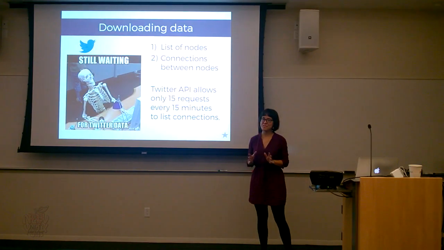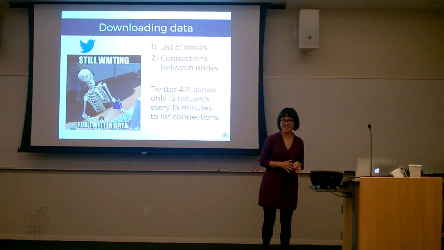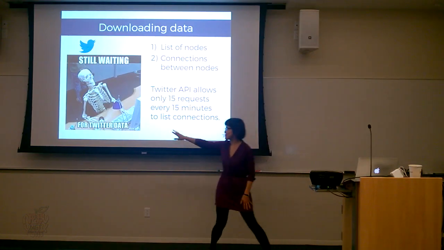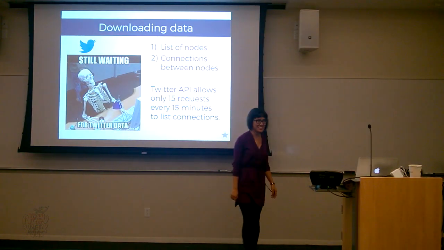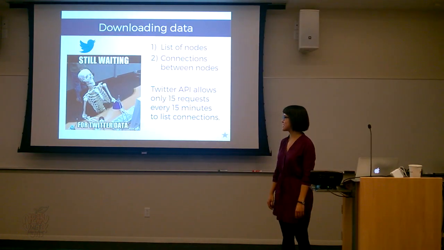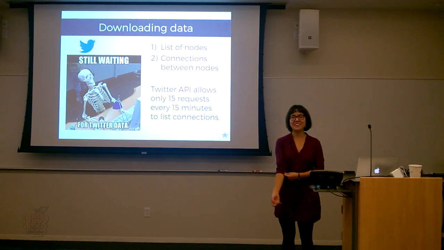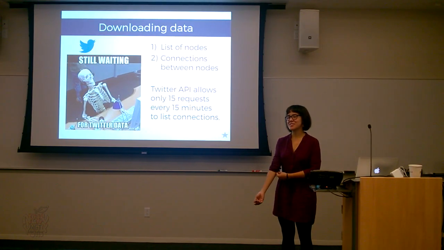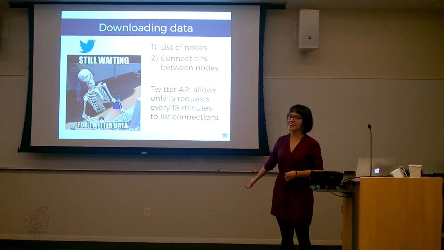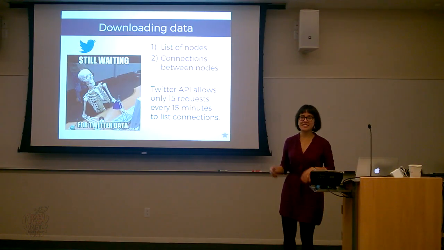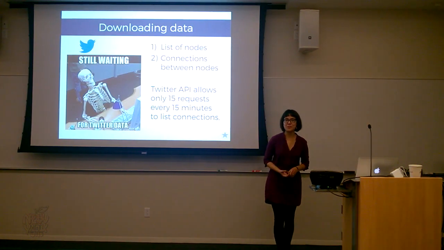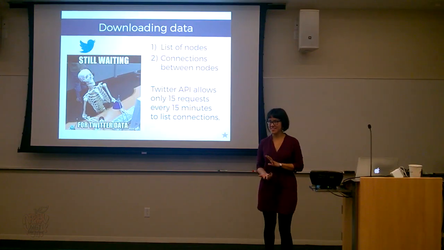They allow you just 15 requests every 15 minutes. So this is me waiting for the data to download. I was running it on a server, and typically when I needed the data, I found out there is some problem with the server.